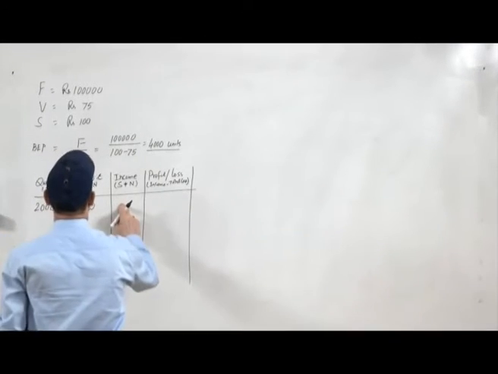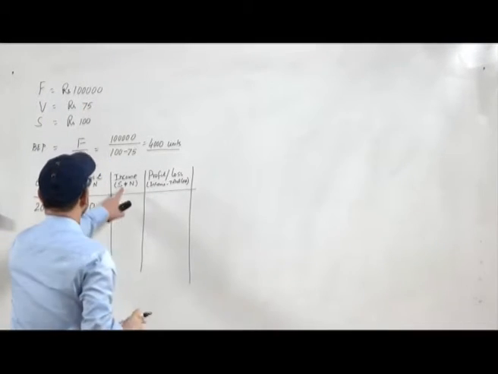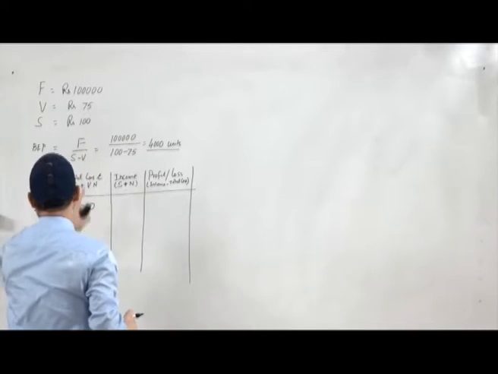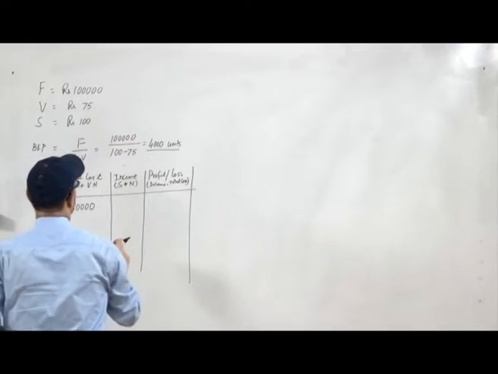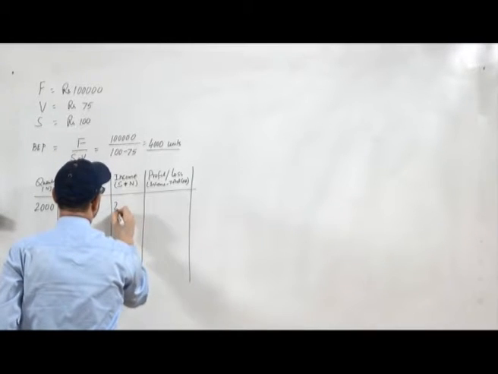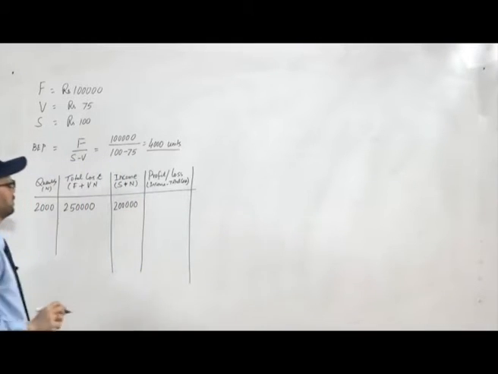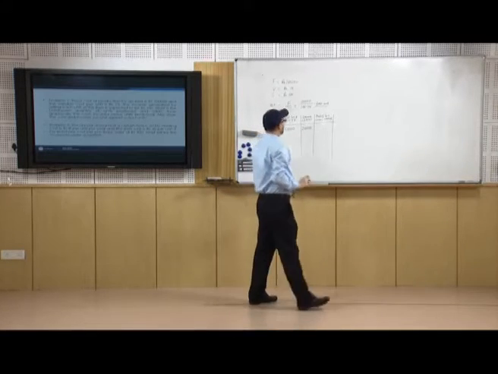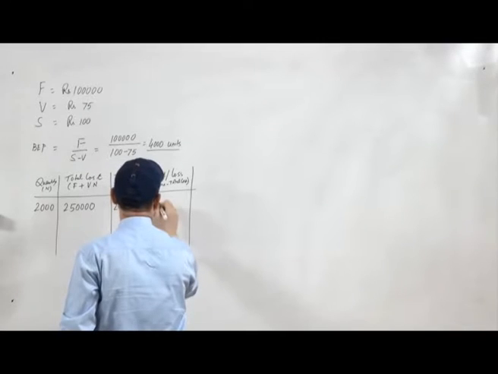Then income will be S multiplied by N. So, 2000 multiplied by 100, that will be 2 lakh. So, you will have profit or loss, income minus total cost, that is coming as minus 50,000.